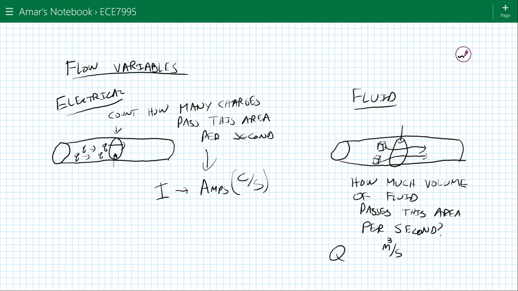This concept of current density, J, is equal to I divided by the cross-sectional area. So this would be amps per meter squared. Right. So it's the total current divided by the cross-sectional area of this region here.